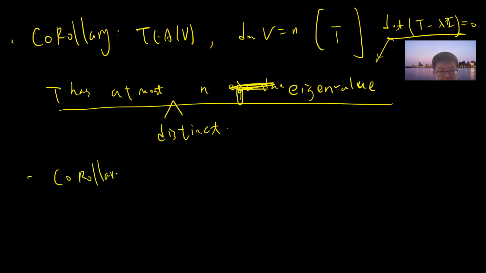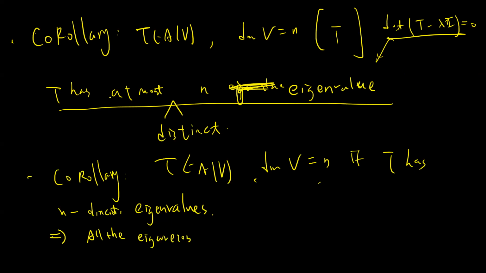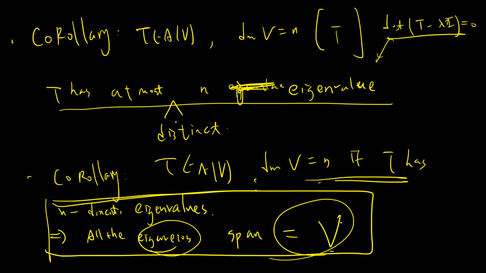Another corollary: if T belongs to L(V) and the dimension of V is n, and if T has n distinct eigenvalues, then all the eigenvectors are linearly independent, there are n of them, so their span will be the whole vector space, because they are linearly independent and the dimension is right.